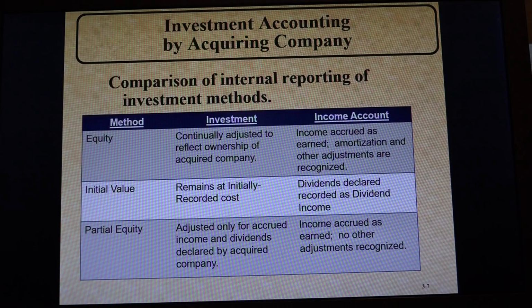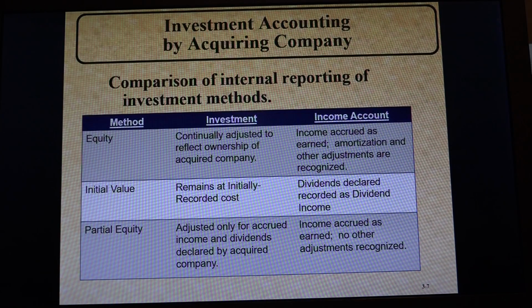And here's stuff we just talked about. So equity, we continually adjust to reflect the ownership in the acquired company. Income is accrued as earned, amortization and depreciation and other adjustments are recognized. With the initial value, it remains at initially recorded cost.